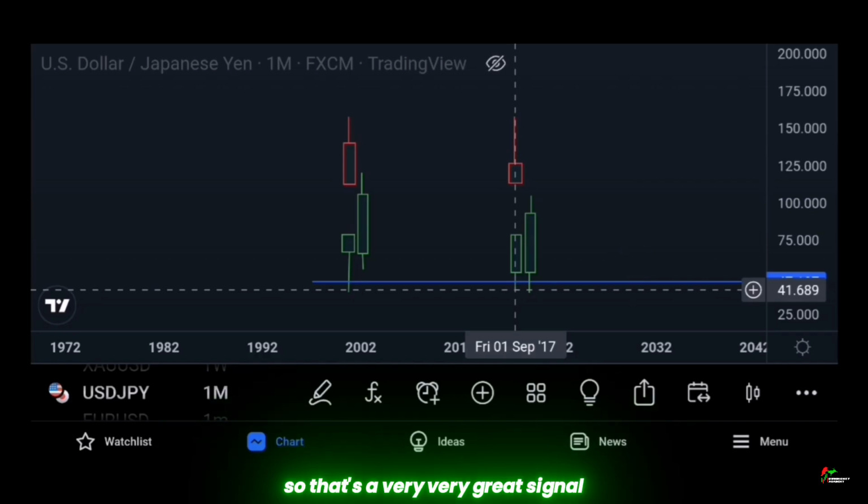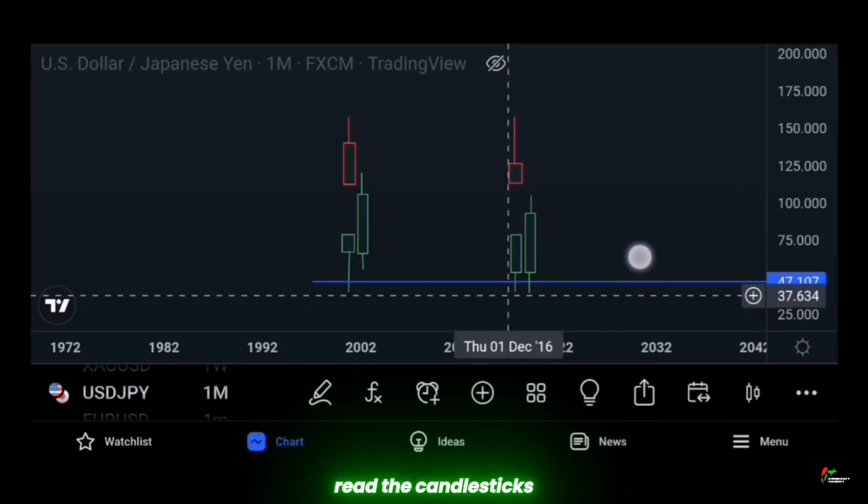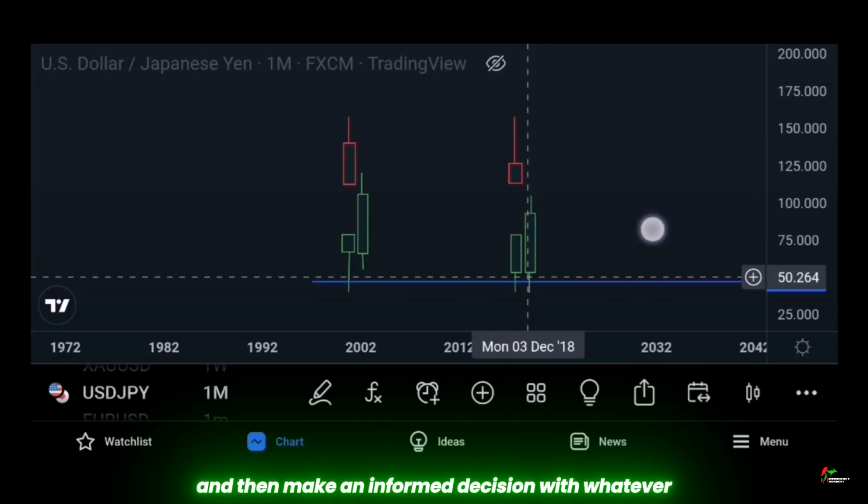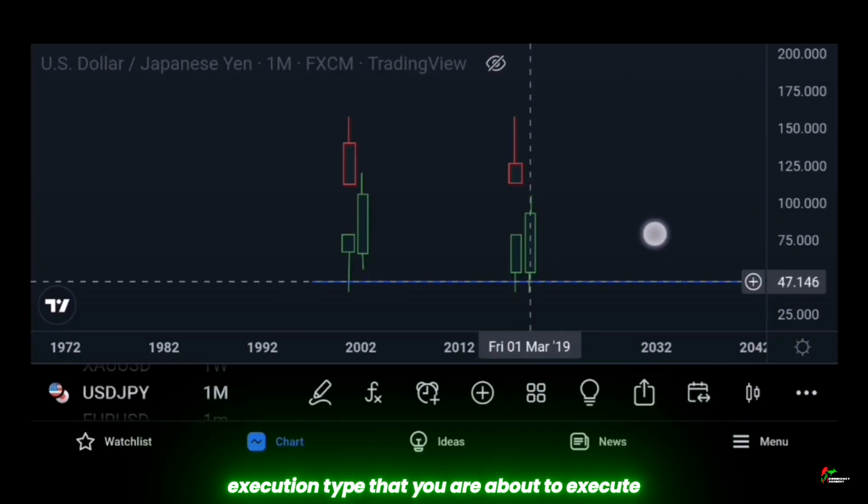That's a very great signal, and a very good time to read the candlesticks and make an informed decision with whatever execution type you are about to execute.